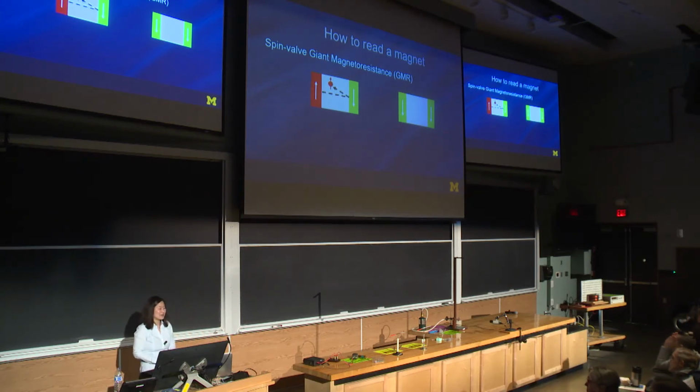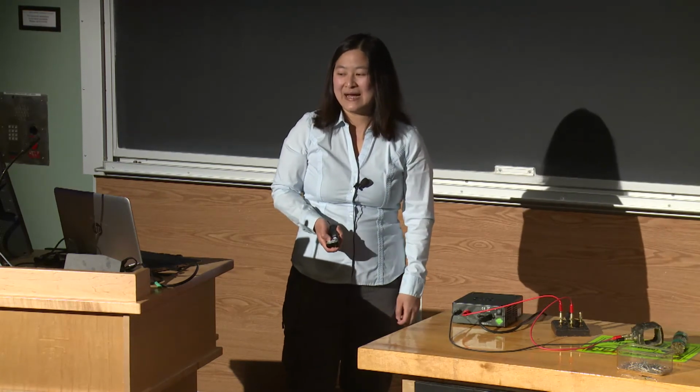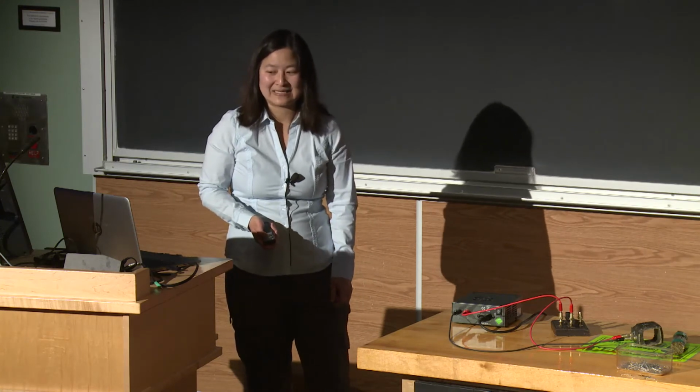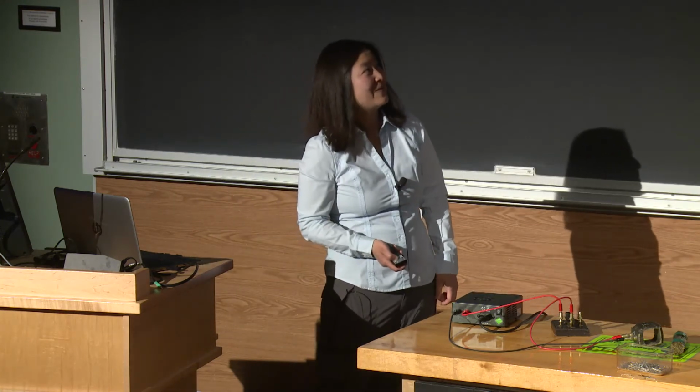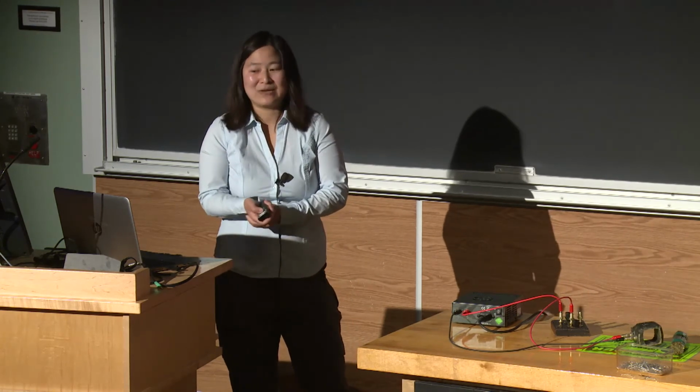And what was discovered is an interesting effect: if you sent a current through the sandwich on the left, versus sending a current through the sandwich on the right, where they're parallel, you would see a difference in the resistance that you would measure.